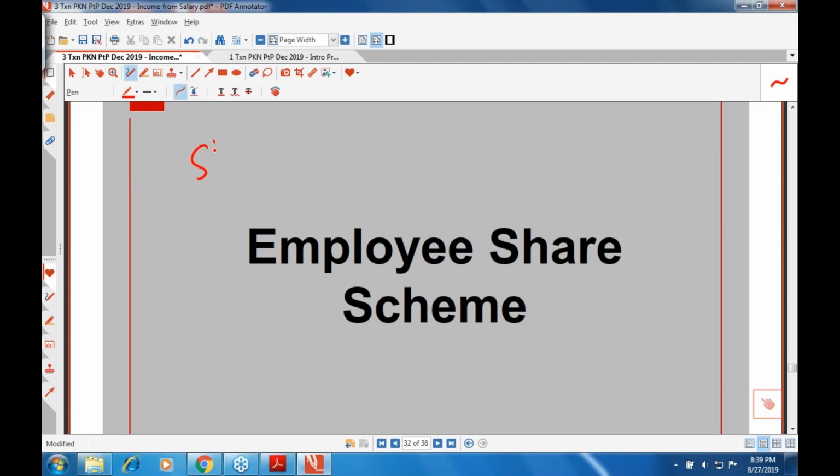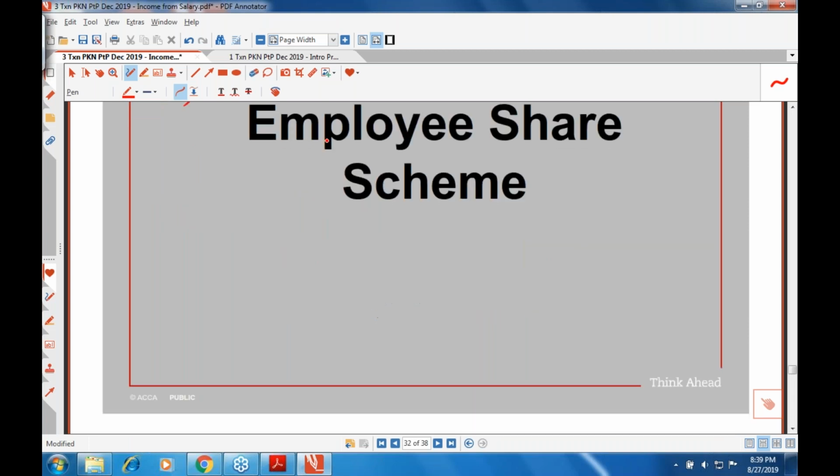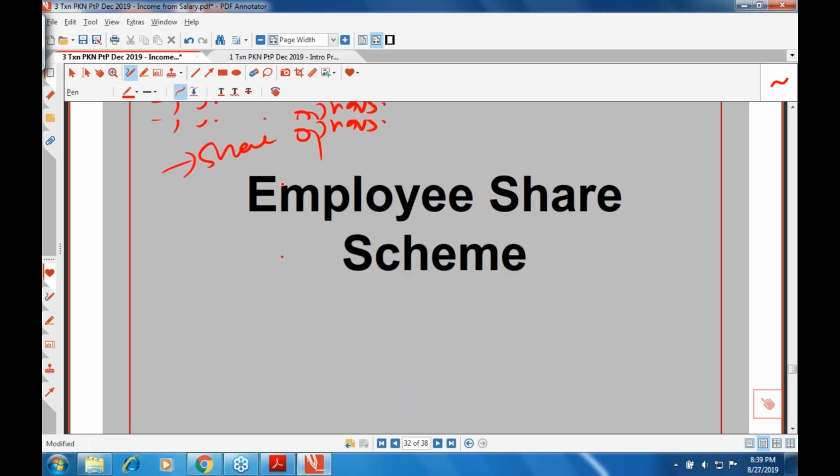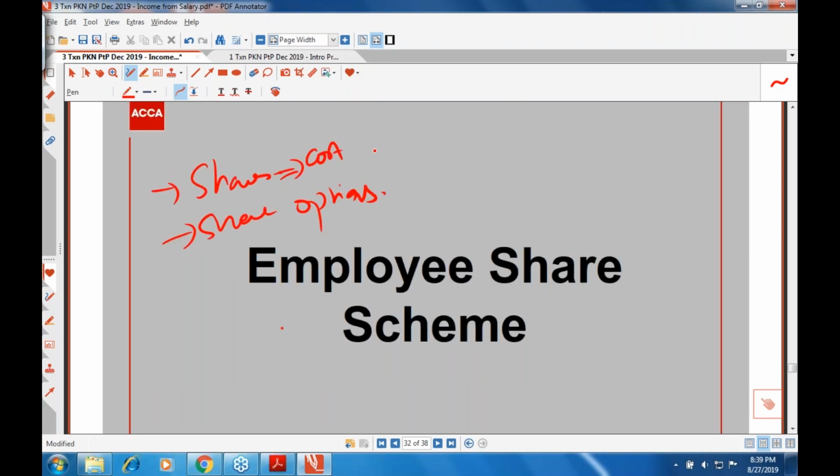they either give shares to those employees or they give share options to those employees. I'm repeating it again. A lot of companies want to reward their employees for the services that they have delivered, and either they give shares to the employees or they give share options to the employees. Even if the shares are given for a cost, usually the market value is high and the price charged to the employee is low.